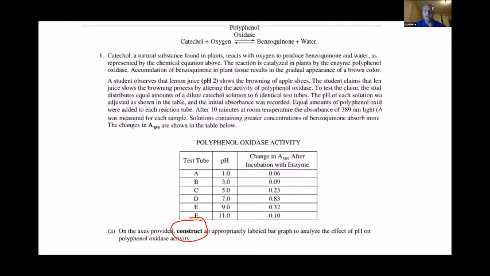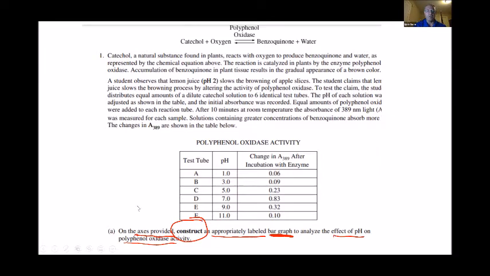We call these command terms. These tell you how to get the point. So we're making a graph. Also, make sure that you notice it says on the axes provided. That's going to be on the AP exam for you. Appropriately labeled, and it's specifically asking for a bar graph. And we're looking for the effect of pH on polyphenol oxidase activity.